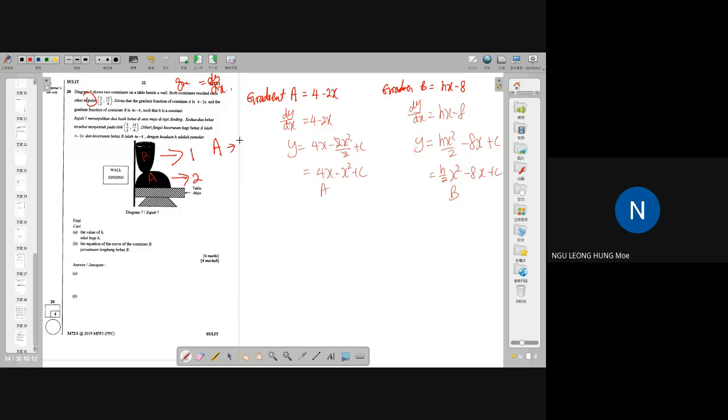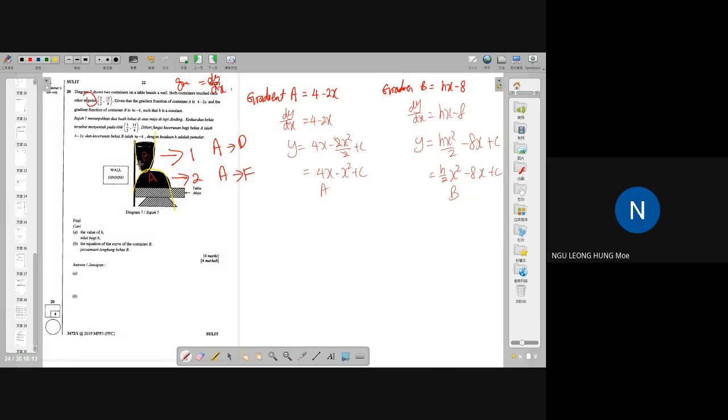Reply me D. Who says container 2 is A? Reply me F. Okay, one tip, one tip. You see? What does that mean?